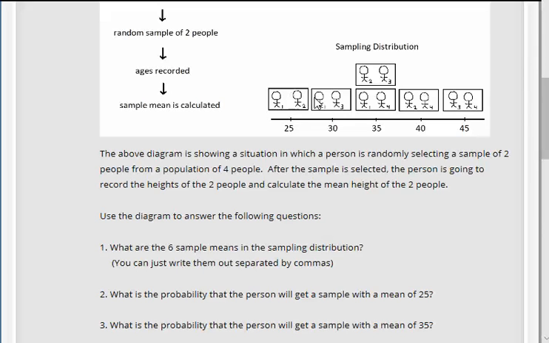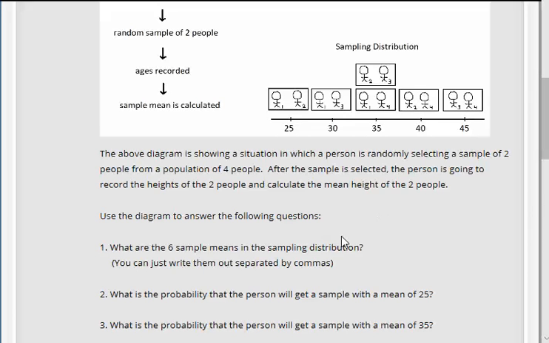So if we look at the boxes, we can see that the means are 25, 30, 35, 35, 40, and 45. This question is just asking you to list out those 6 numbers. So just list out the 6 numbers that are represented by the boxes and separate them by commas. 25, 30, 35, 35, 40, 45.